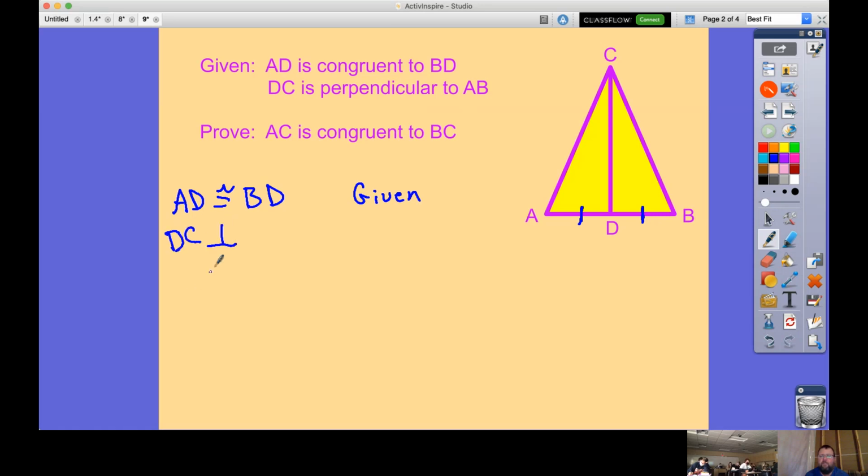Perpendicular is just an upside down T. All right, the more of the abbreviations you know, the less annoying this stuff is. So that helps out. So we've got DC is straight up and down, AB is across the bottom. So these are perpendicular. Now, what do perpendicular lines tell us?